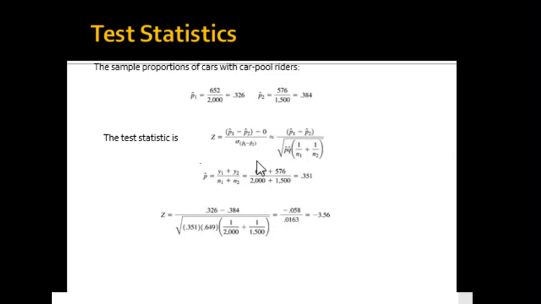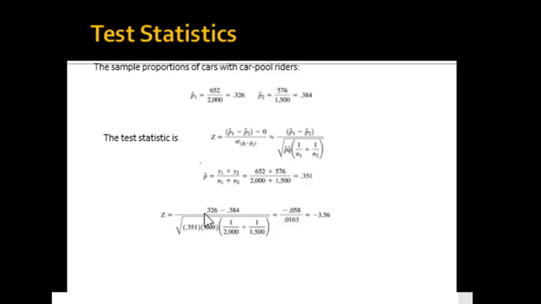Our test statistic will be based on this pooled value or combined value for the proportion. So our P1 hat minus P2 hat minus 0, our D0 is 0. And then for sigma P1 hat minus P2 hat, we will use P hat, which is Y1 plus Y2 divided by N1 plus N2, so 0.351.